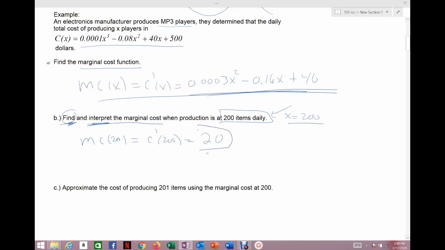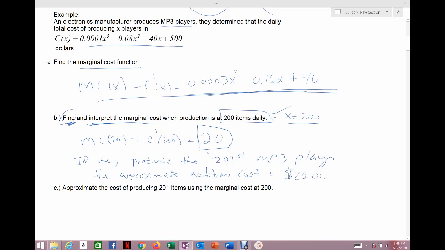And so what this $20 means is, if they decide to produce the next item, the 201st MP3 player, the approximate additional cost is $20.